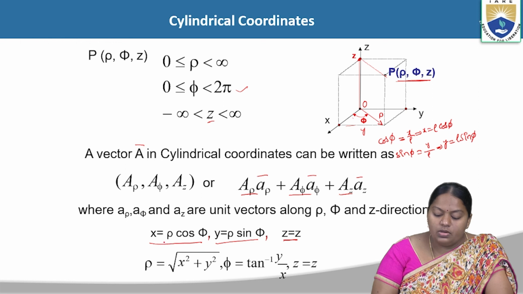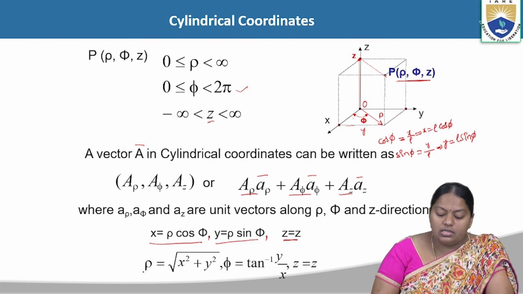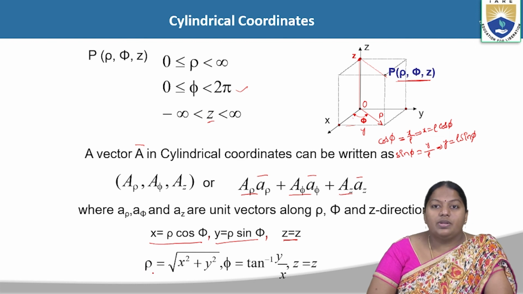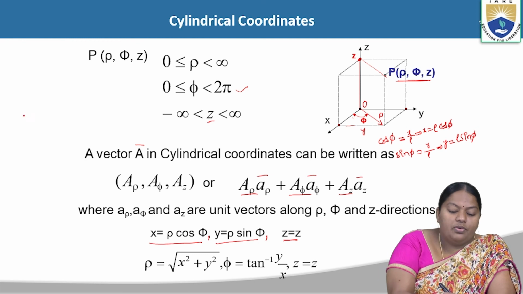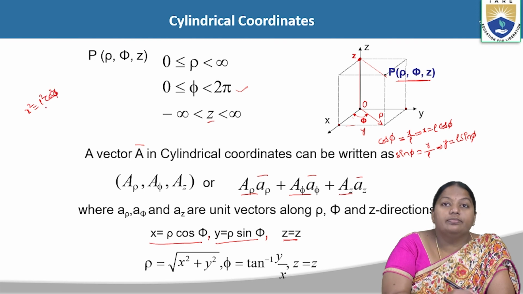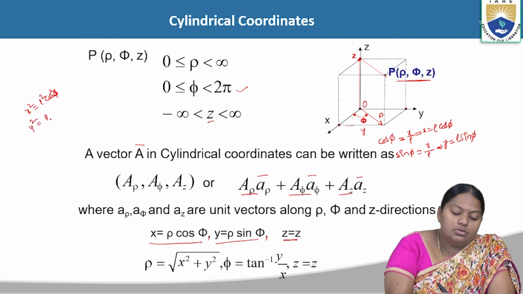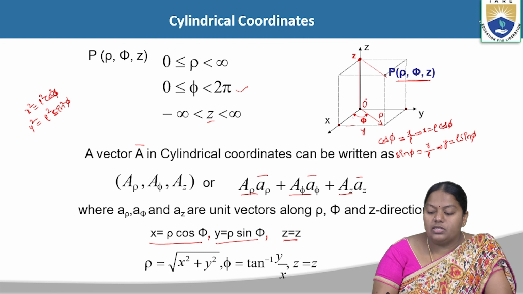Now, in order to transform x, y, z back into rho, phi, z, see, rho is equal to root over x square plus y square. How have we written this? Rho equal to root of x square plus y square means, if you evaluate from this, x square is equal to rho square cos square phi, and y square equal to rho square sin square phi. Why? Because x is equal to rho cos phi and y equal to rho sin phi are obtained from this particular figure.